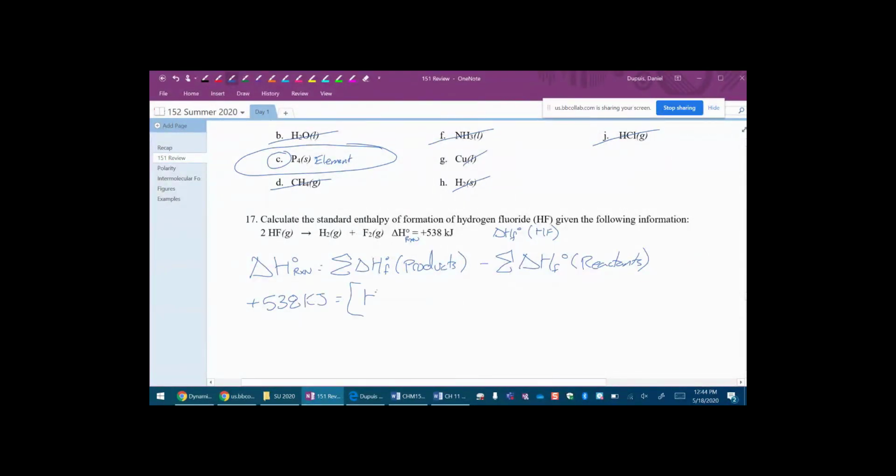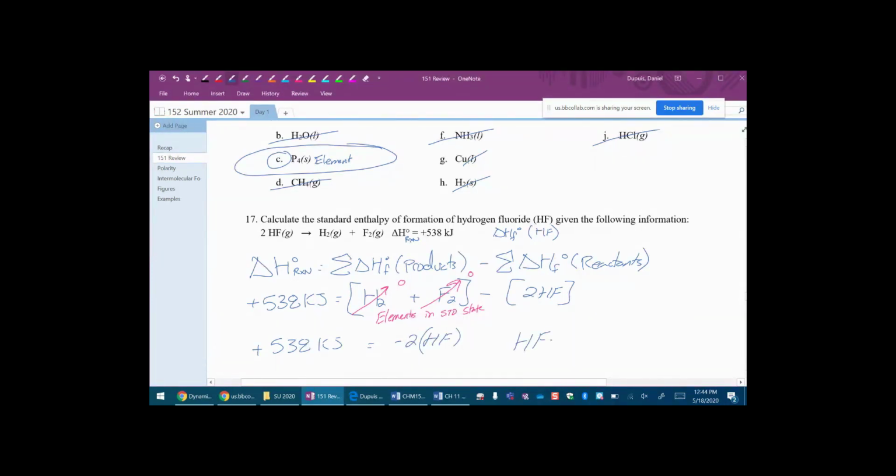Products, H2 and F2. Reactants, 2 times HF. Well, both of these are 0 because they're elements in their standard state. So that means I get plus 538 kilojoules is equal to negative 2 times whatever HF is.